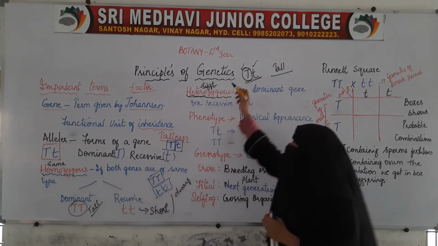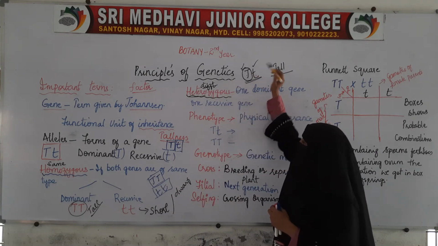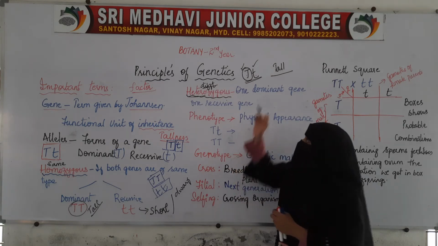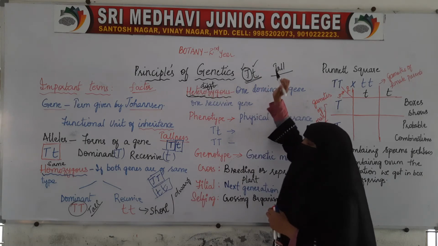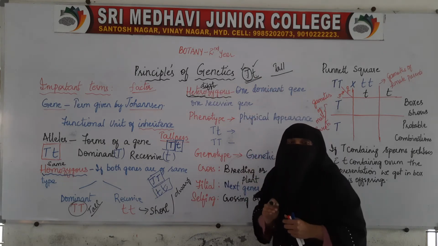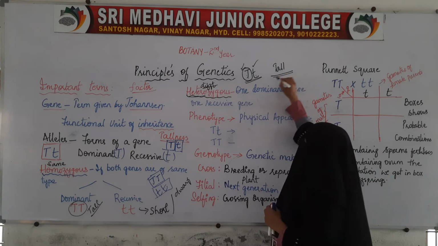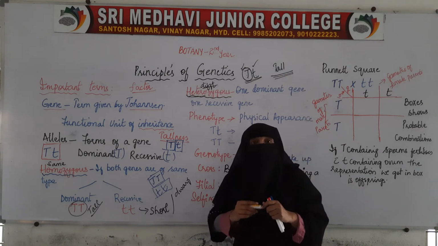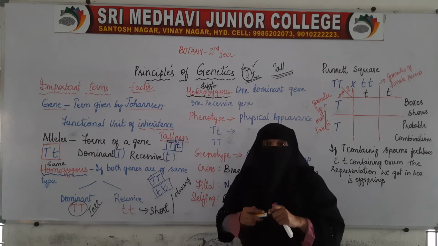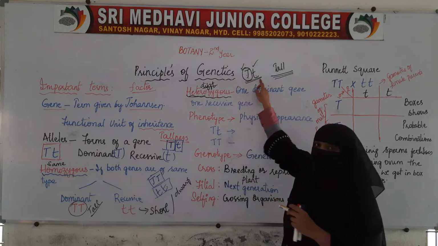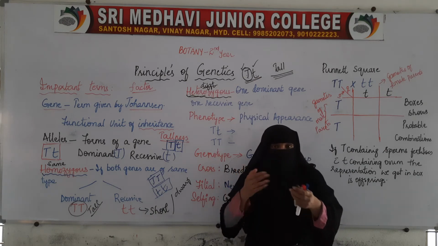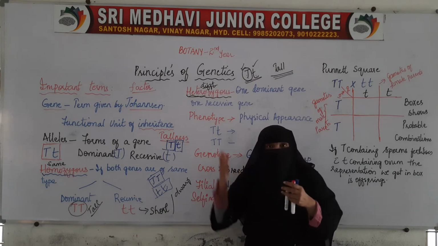Now coming to one capital and one small, what might be the height? Average or middle? No. In capital T and small t also, the height of the plant will be tall. Why tall? Because both the genes are present and both of them are fighting. Each says, my height will come out.